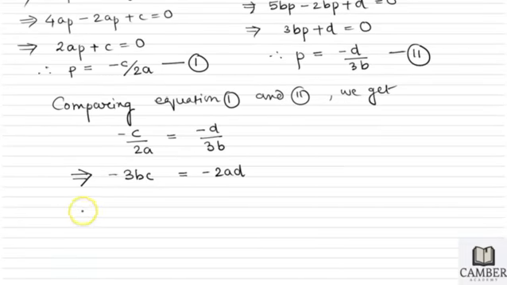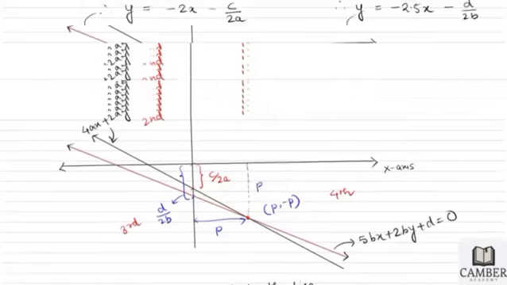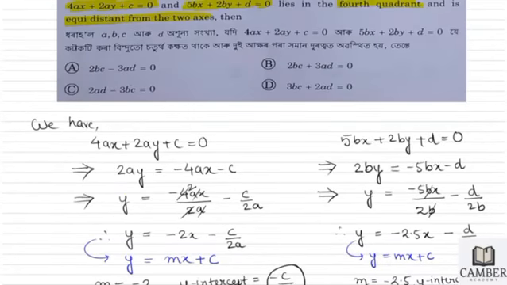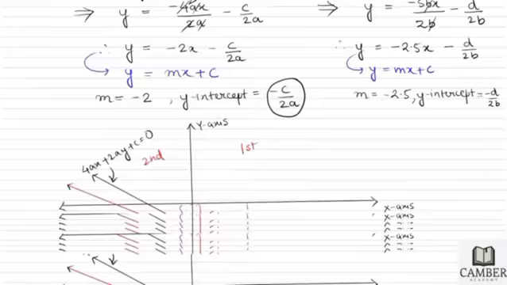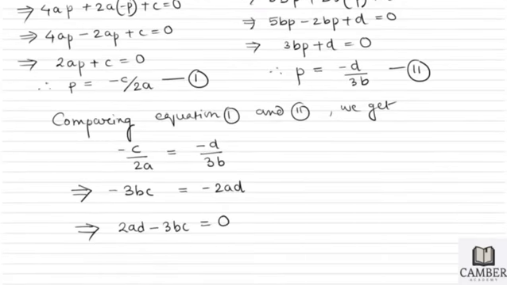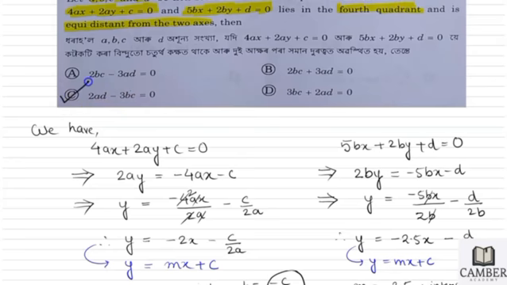So now let us bring minus 2ad to the left hand side: 2ad minus 3bc is equal to 0. So let us try to match with our options. So 2ad minus 3bc is equal to 0 we got, which is matching with our option C, which is our required solution. Thank you for listening.